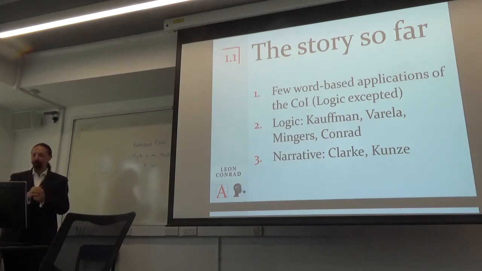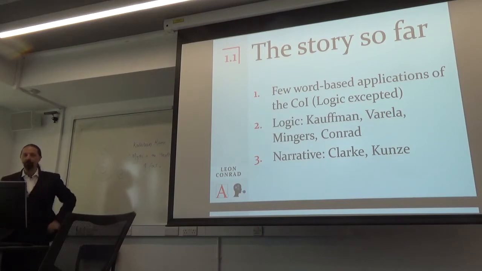Louis Kauffman has done work extending Spencer Brown's work, as have Francisco Varela, John Lingers, and myself. In the world of narrative, there are only 2 authors I'm aware of, Bruce Clark and Don Kunze, both of whom have looked at narrative levels of story rather than story structure.